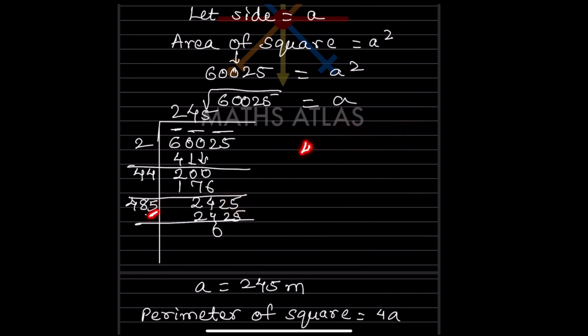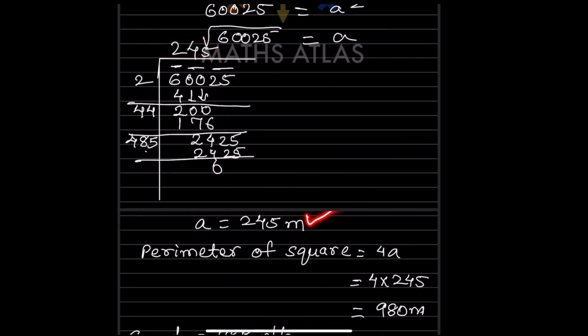So what are we going to write here? 485 5s are, so that is going to be 2425. So 485 5s are 2425, that is 0. So whatever you get here, so that is A is 245. And what this A means, that is the side of the square, that is 245.